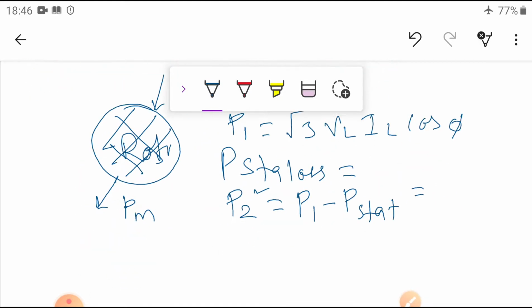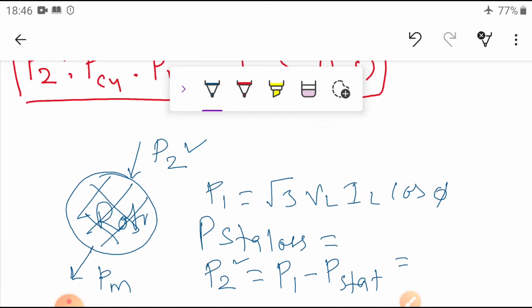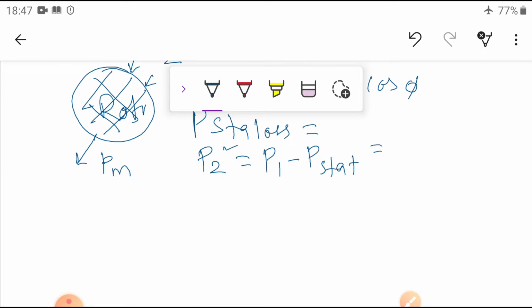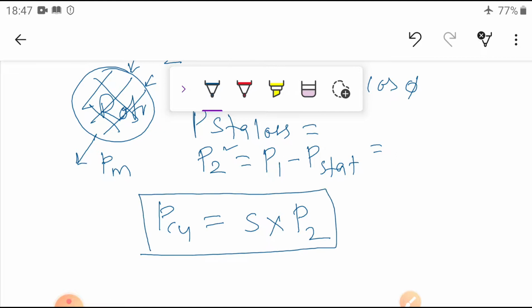P2 is the rotor input. If you know P2, then I can easily calculate the rotor copper loss, which is S times P2.